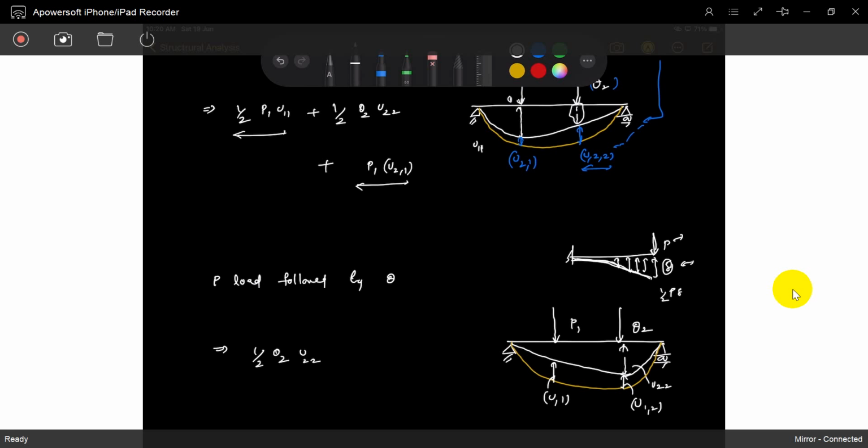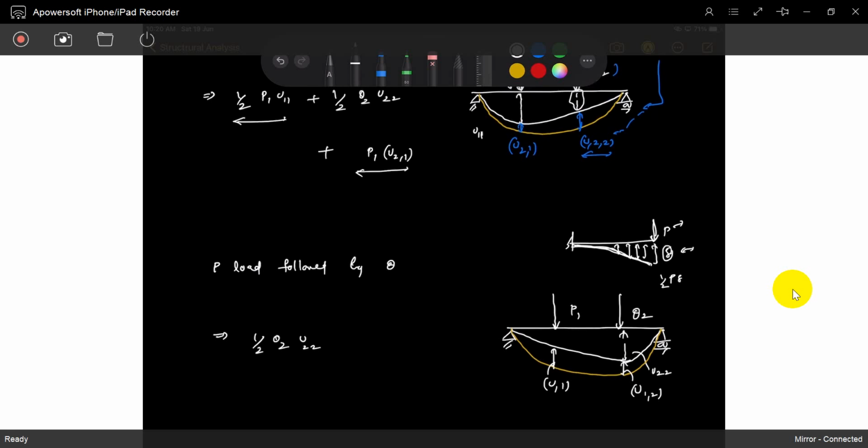So the work done is: first application of the Q force, half Q2 U22. Next application of the P force, half P1 U11. But again, in the direction of the Q, some other deformation has happened, and Q force is already there. There is no half, so Q2 U12. So this is the work done.